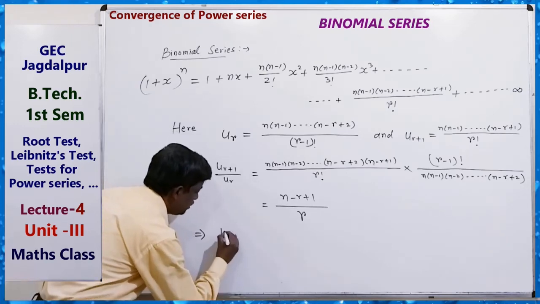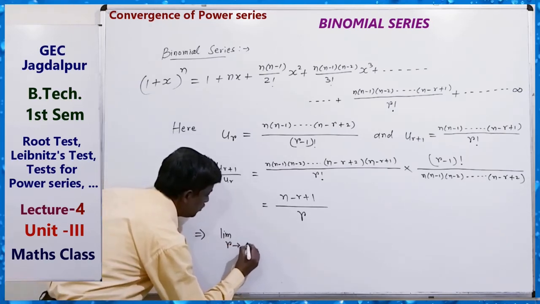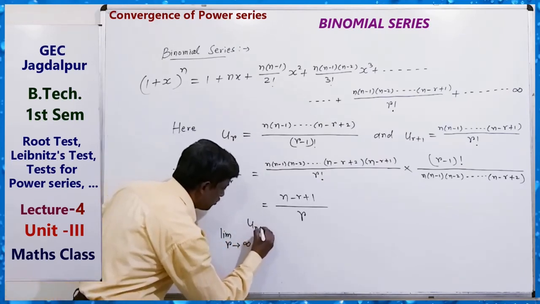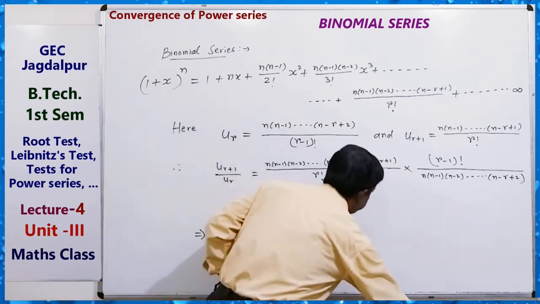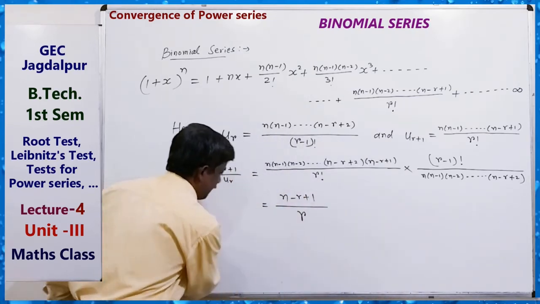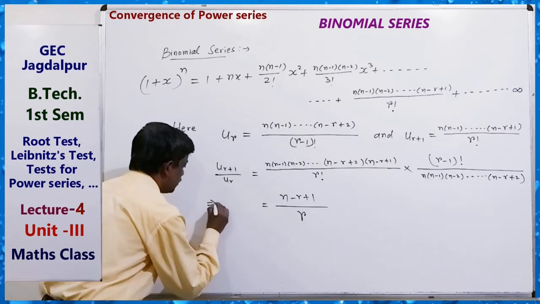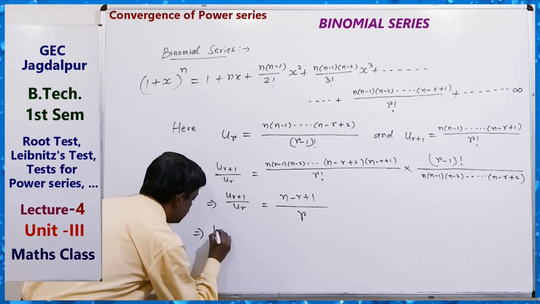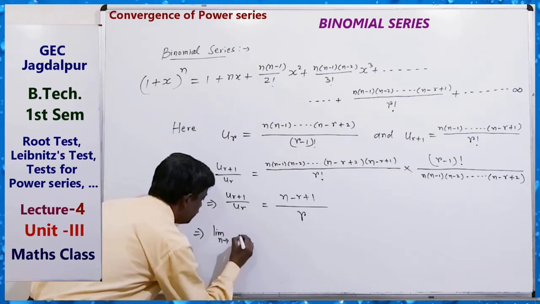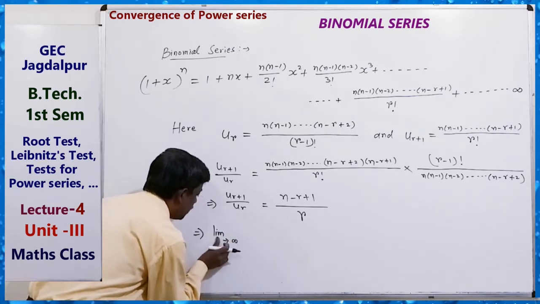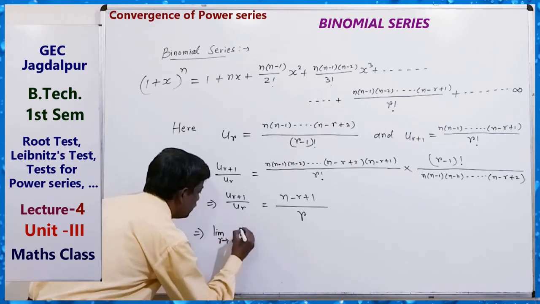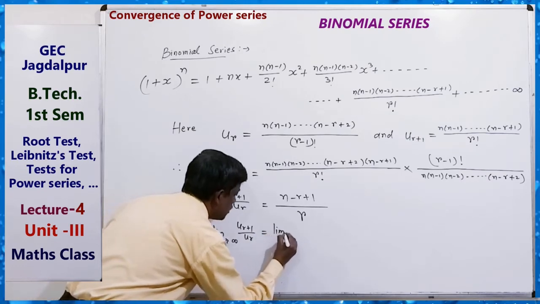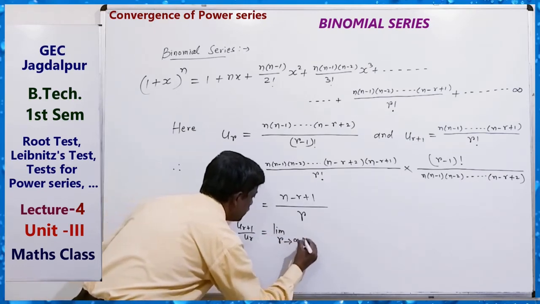So we get the limit as r tends to infinity of u r plus 1 upon u r.